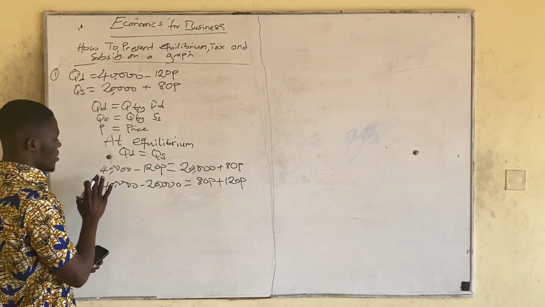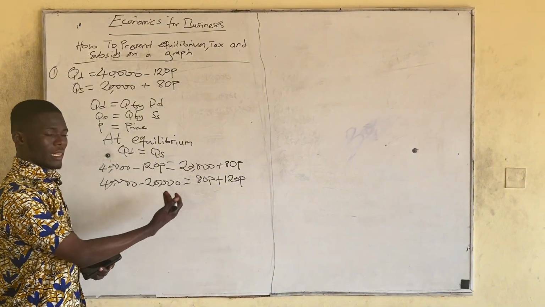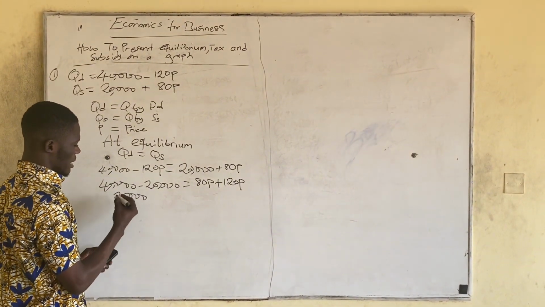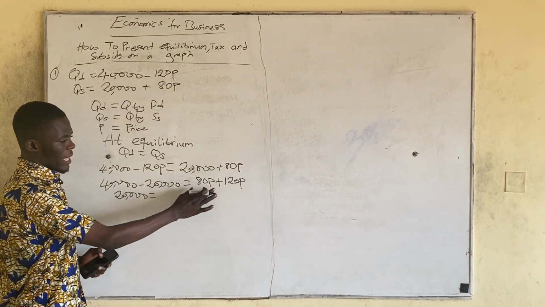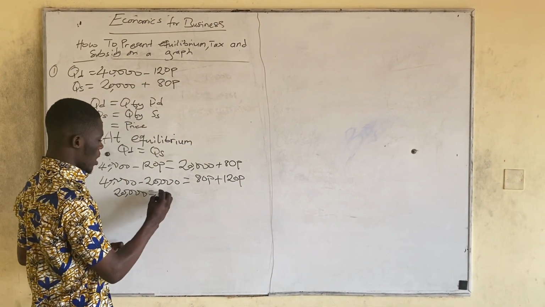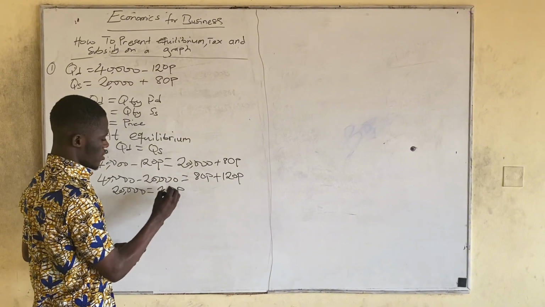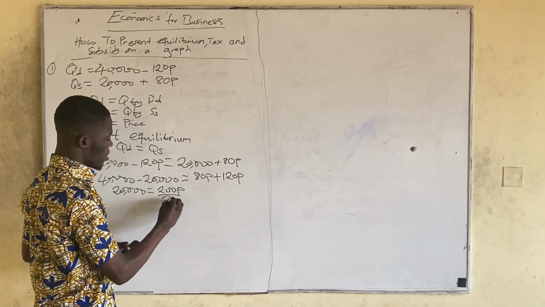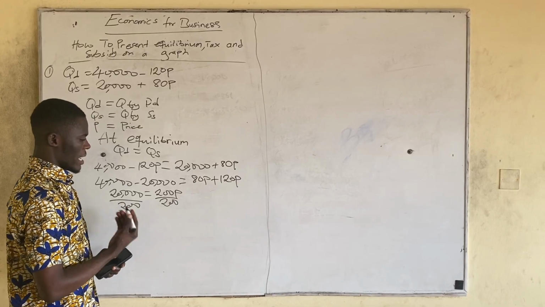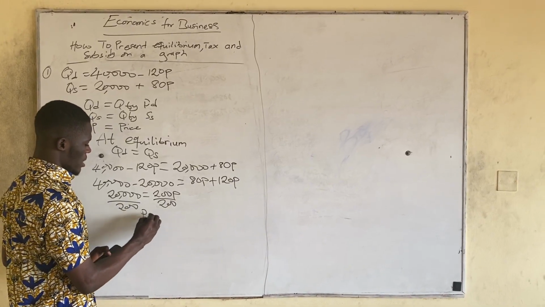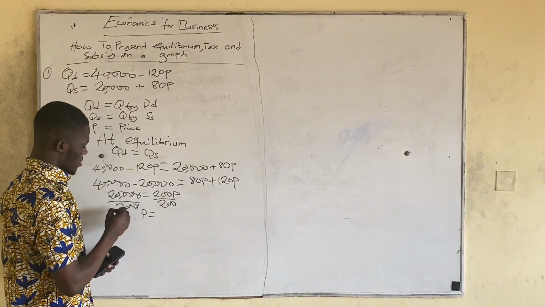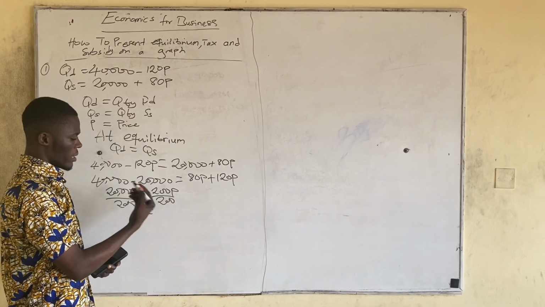Then 40,000 minus 20,000, you get 20,000, equals 80p plus 120p, you get 200p. Then you divide by 200. 20,000 divided by 200, the zeros cancel, then 2 goes into 200, 100.